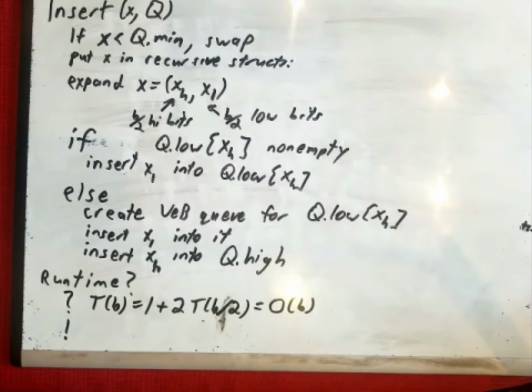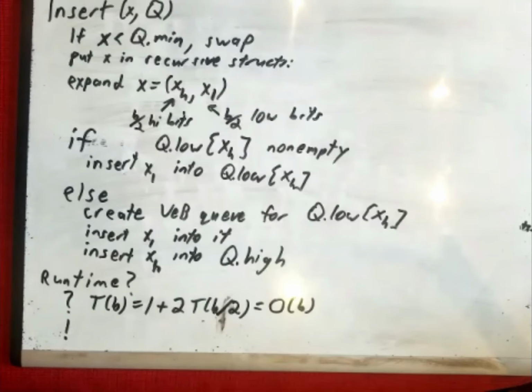I said that in this else pathway, there are two separate recursions: inserting the low bits and inserting the high bits. But are they really two separate recursions that are just as bad as each other? One of them is like an empty insert. Exactly.